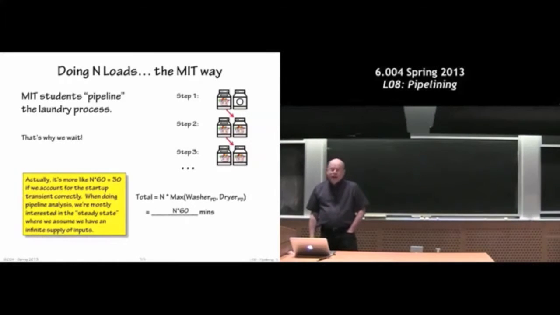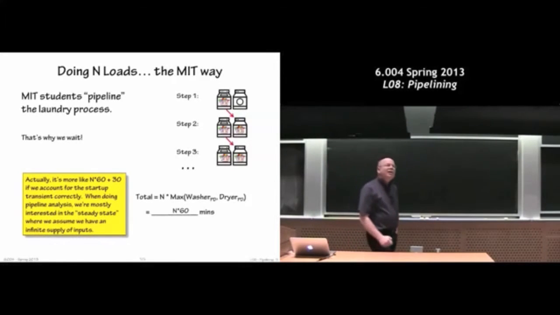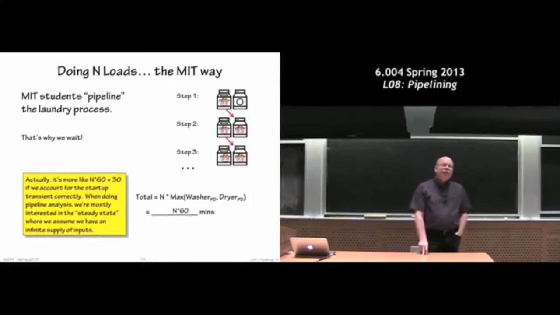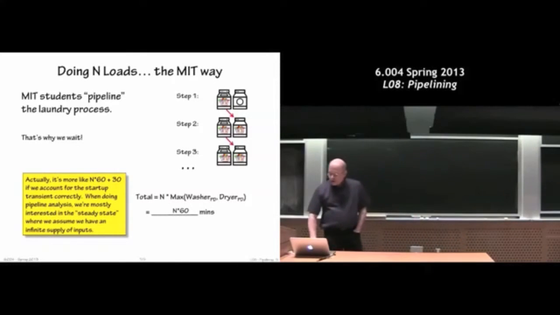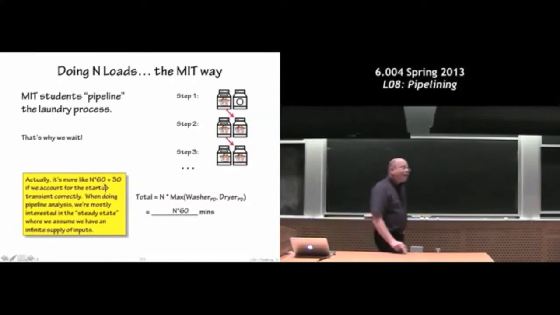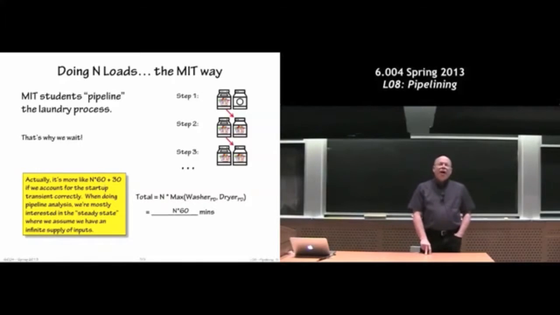And so we expect to take about n times 60 minutes if we have n loads of laundry. Well, remember the first stage was a little off. We didn't use both machines because we hadn't done enough processing yet to keep the dryer busy. And so, in fact, you can wonder if at the edges our analysis could be a bit more accurate.